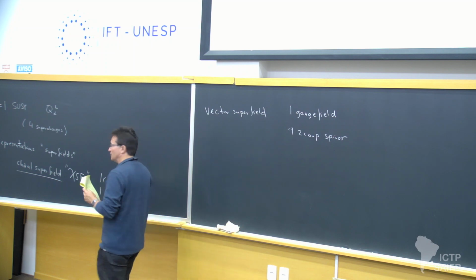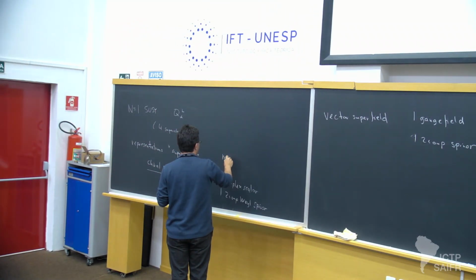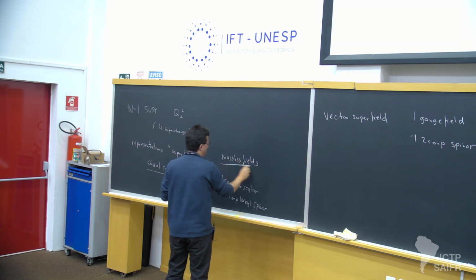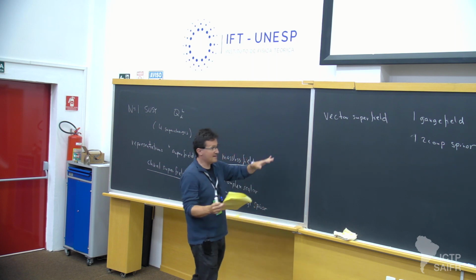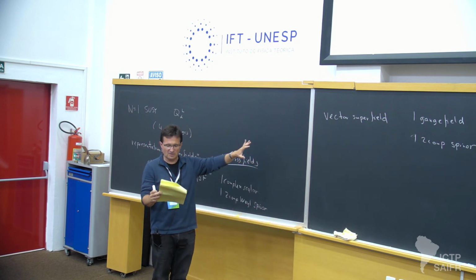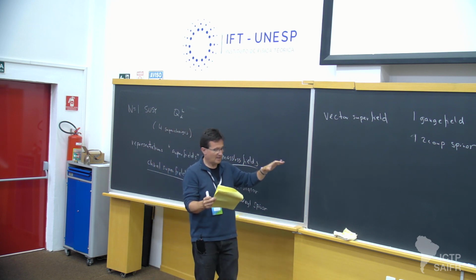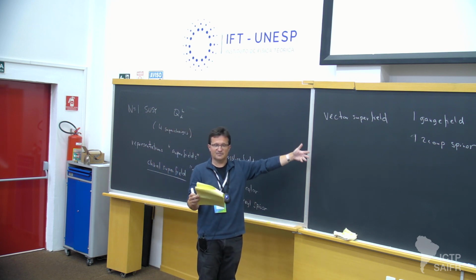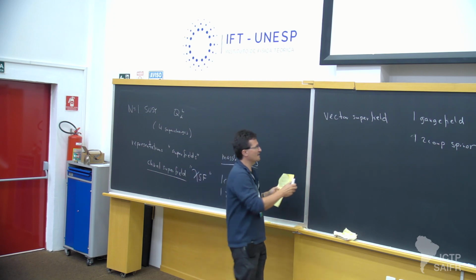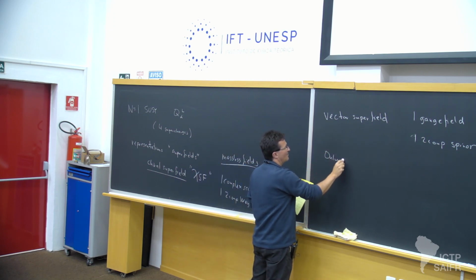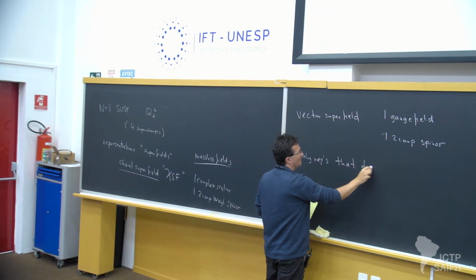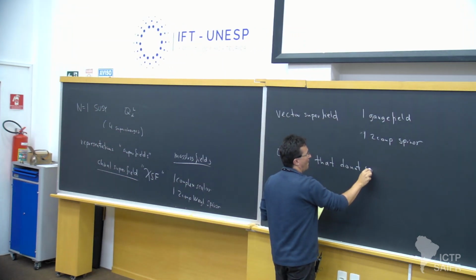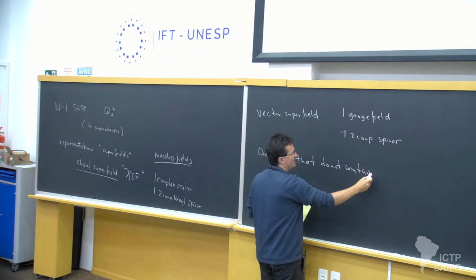And again, for now, we are talking here about massless fields. And there are many other representations, but these are the only ones that do not involve any fields that have spin greater than 1.